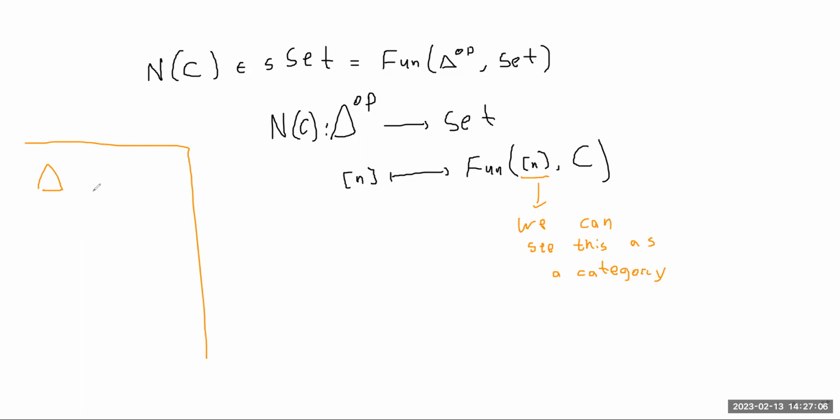This one is a subcategory of the category of sets. Everyone can be a category. Like this one is a category. I can think about this n as a category, this category.